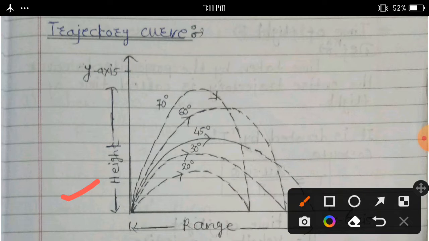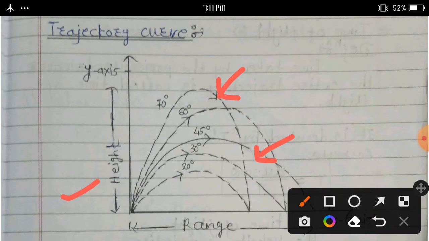See here, at an angle of projection of 45 degrees, the range of projection is maximum. If the projectile is projected at an angle less than 45 degrees, the range and maximum height reached will be less than that at angle of projection theta equal to 45 degrees.